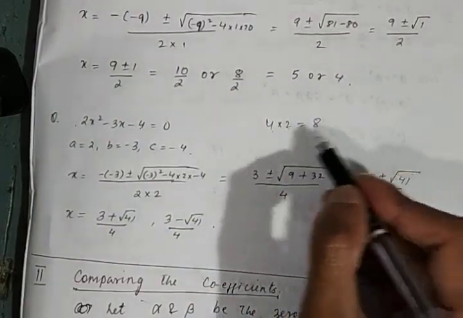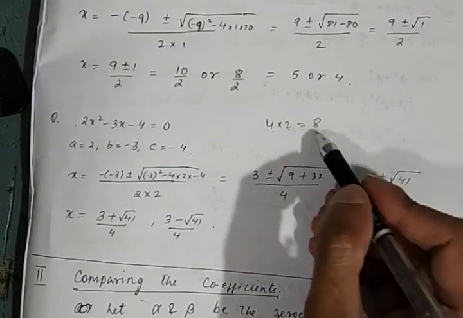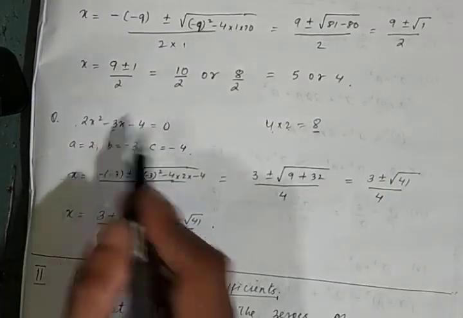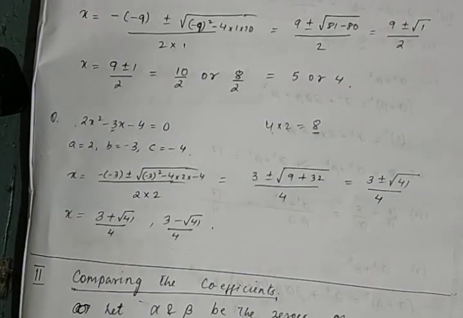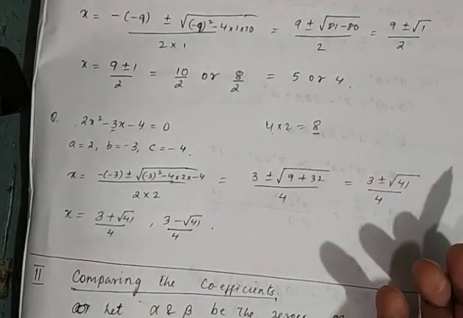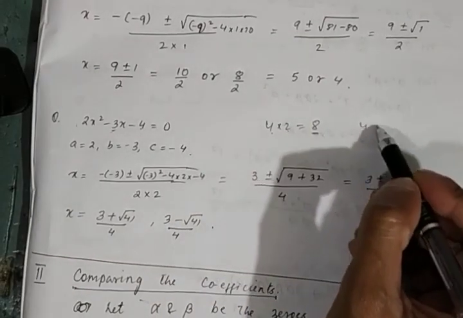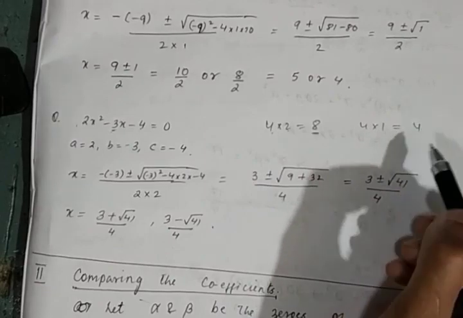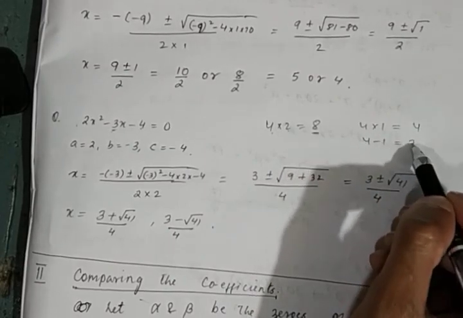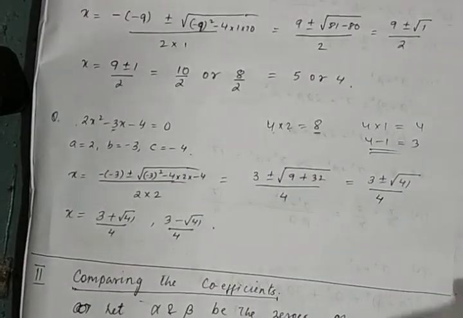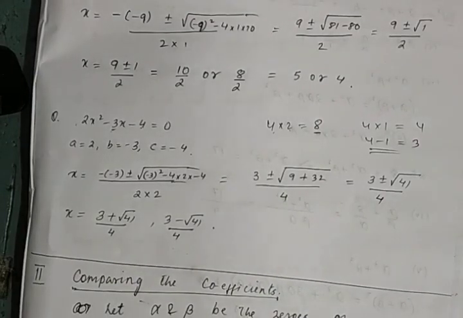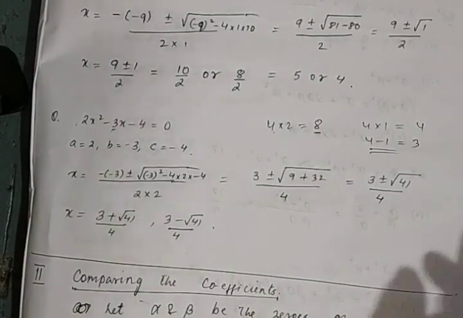In which table is 8 present? When we add or subtract, we need 3. We don't have any. See, 4 plus 2 is 6, 4 minus 2 is 2. And if I say 4 ones, 4 ones are 4 and 4 minus 1 equals 3.